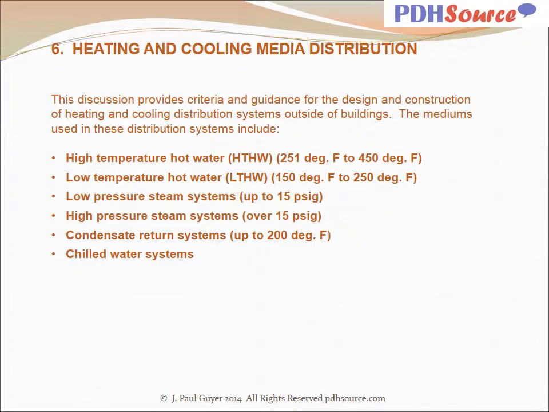The mediums used in these distribution systems include high temperature hot water, HTHW, 251 to 450 degrees Fahrenheit, low temperature hot water systems, 150 degrees to 250 degrees Fahrenheit, low pressure steam systems under 15 psig, high pressure steam systems over 15 psig, condensate return systems up to 200 degrees Fahrenheit, and chilled water systems for cooling.